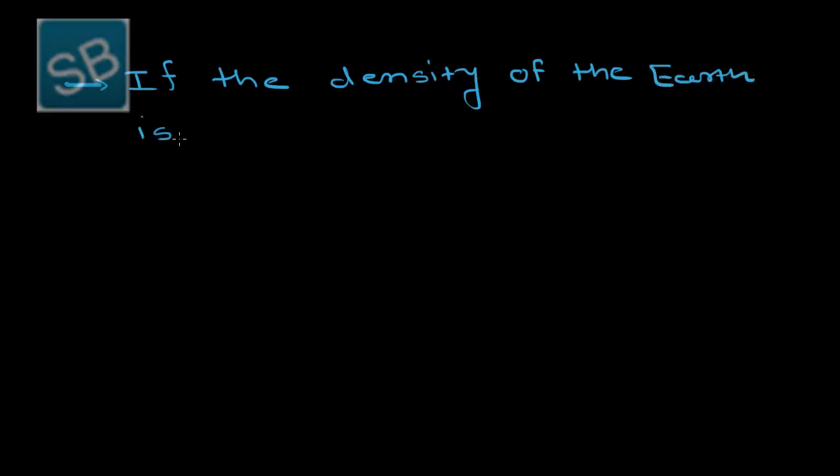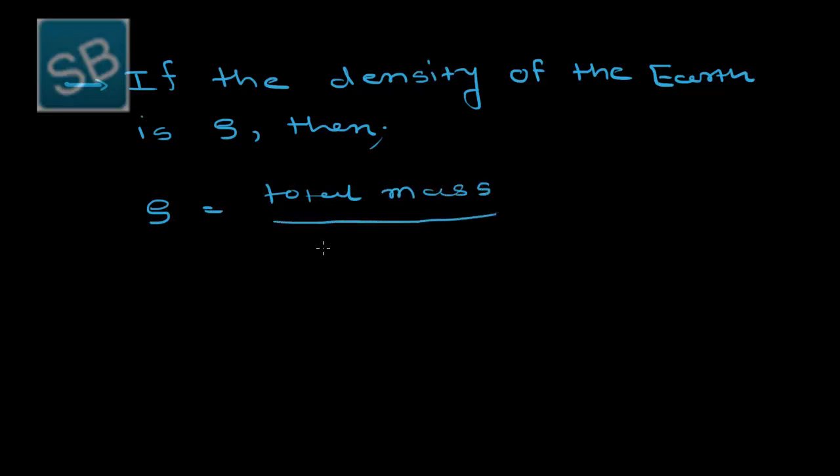So suppose first of all, if the density of the earth is rho, then rho is equal to total mass divided by total volume.